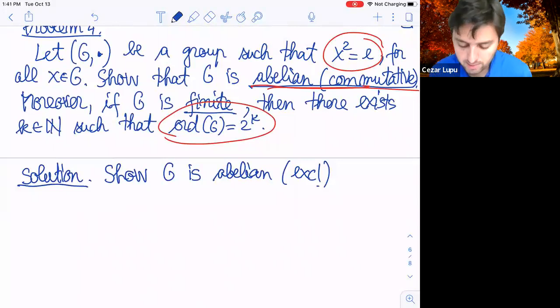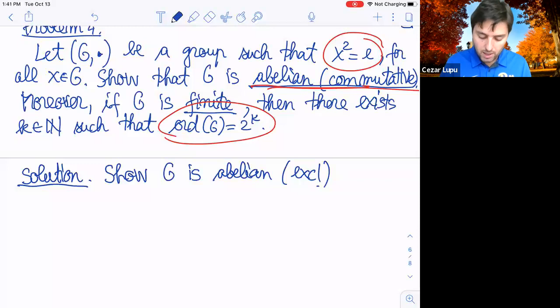So now I know that the group G is abelian, and I want to show that moreover, if this is a finite abelian group which satisfies that x squared is E for all x in G, then the order of the group G is a power of 2. So how should we prove this?